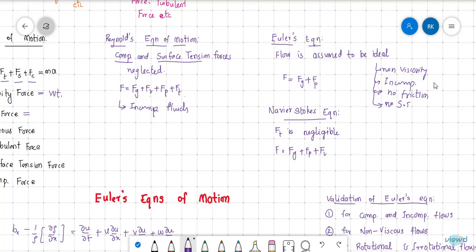If these characteristics are possessed by a fluid, then it is called an ideal fluid. In an ideal fluid, only two forces will be acting: gravity force and pressure force. So gravity force plus pressure force is equal to net force in the case of Euler equation.